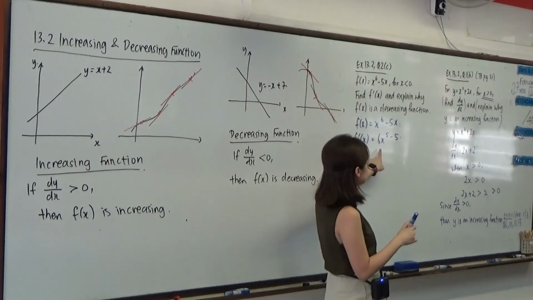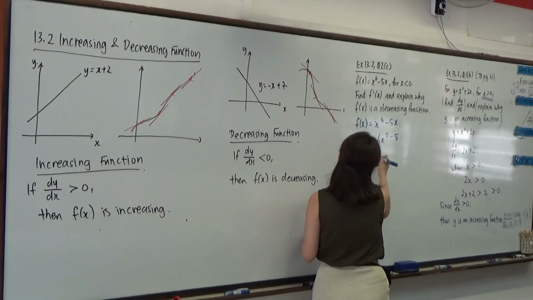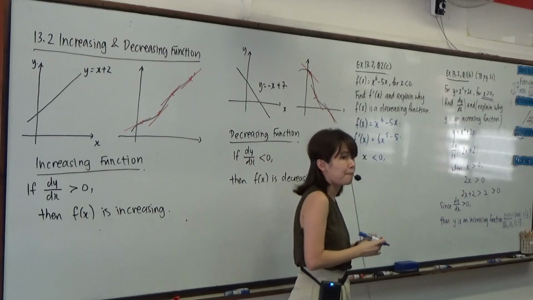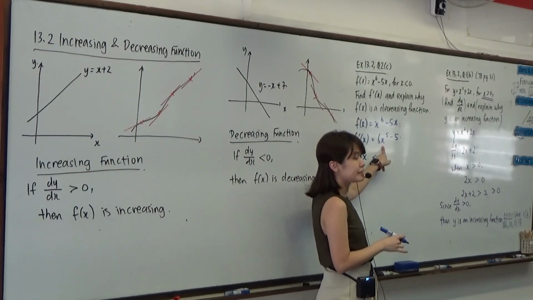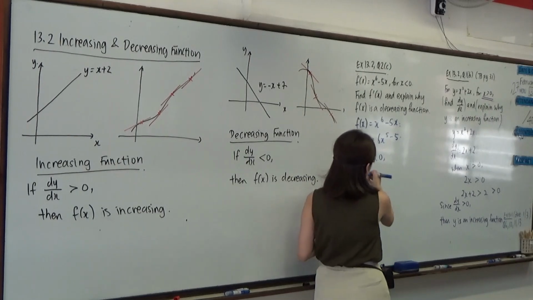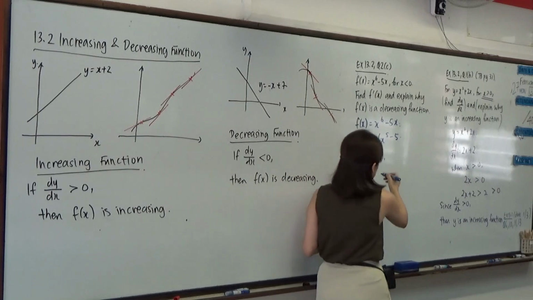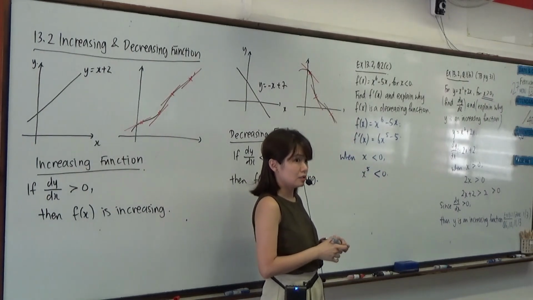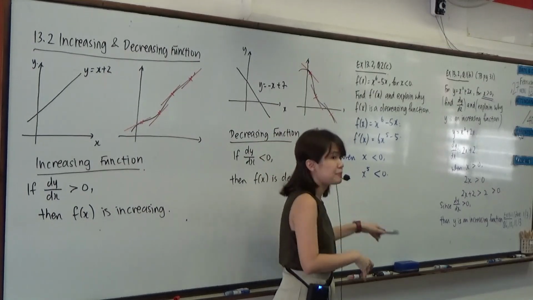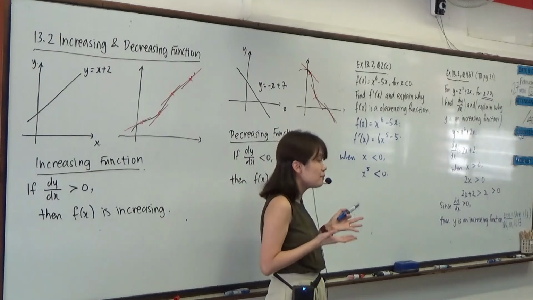So to do this, we know that when x is less than 0, I always target the x first. So x to the power of 5, we know that it is less than 0. But why? You cannot just happily, because you have this objective you want to fulfill, anyhow do it.